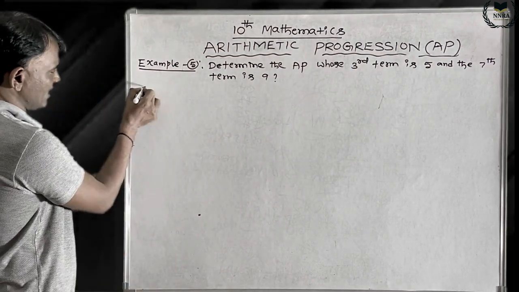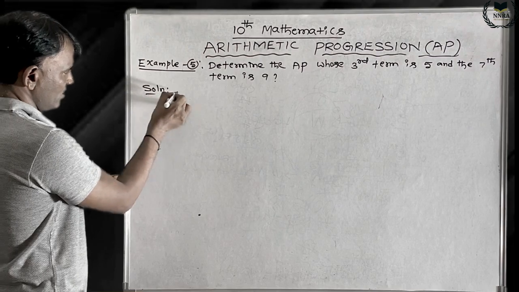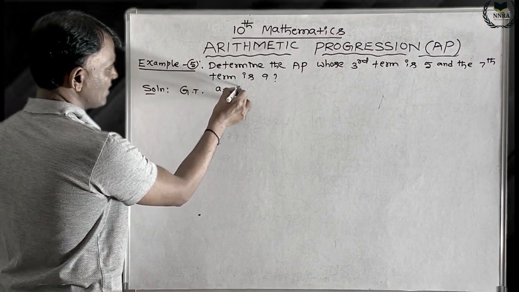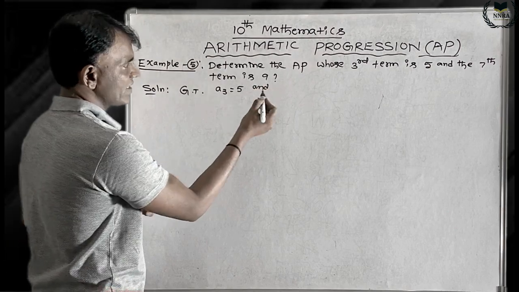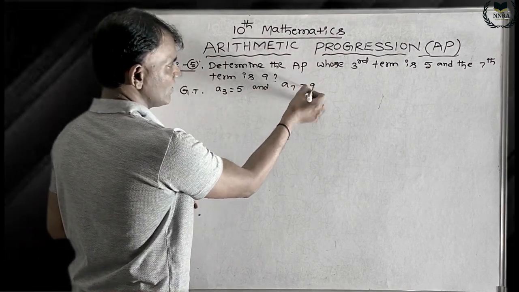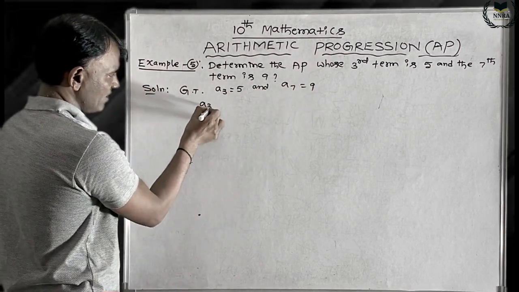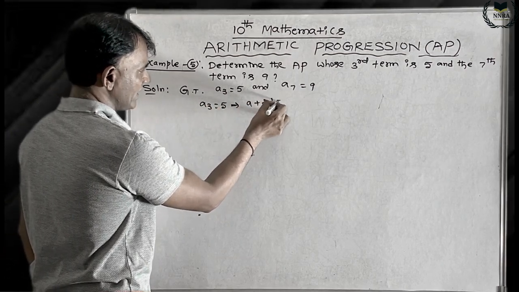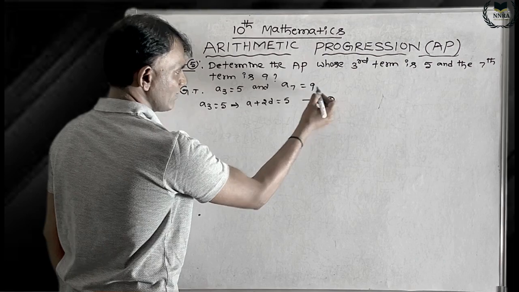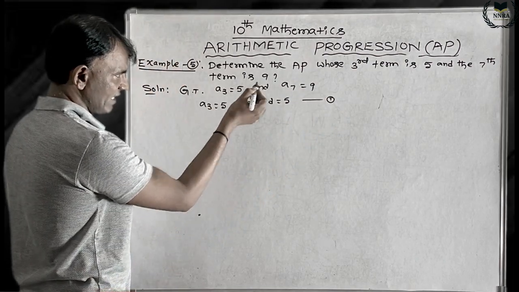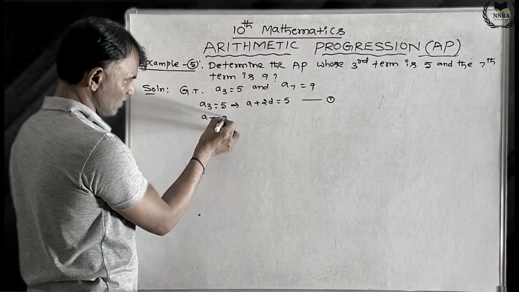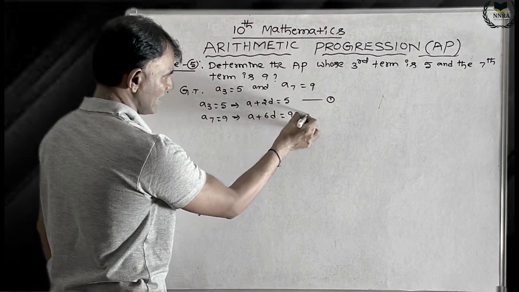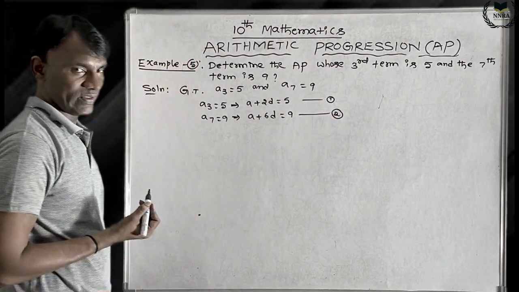Now what is the given data here? Given that a3 equal to 5 and the second one a7 equal to 9. Again a3 equal to 5 means a plus 2d equal to 5, equation number 1, and the second value a7 equal to 9 can be written as a plus 6d equal to 9, that is equation number 2.